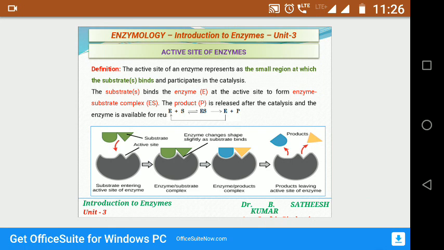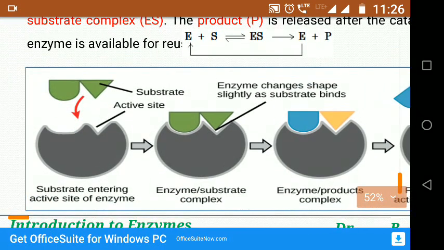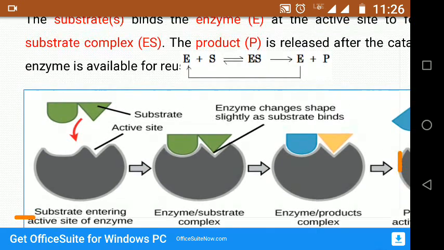We have one diagram in this slide. The black one is the enzyme, which is protein in nature. The size of the enzyme is very large, and we have a small region to which the substrate binds. We have the substrate on the top of this diagram in green color.